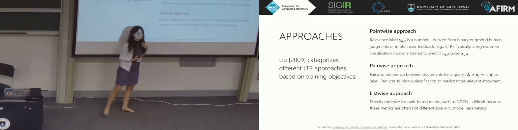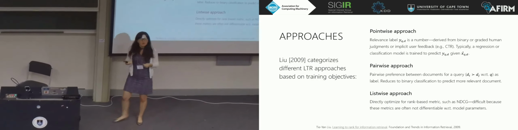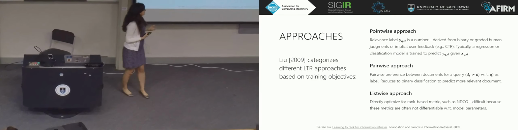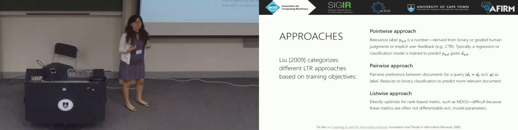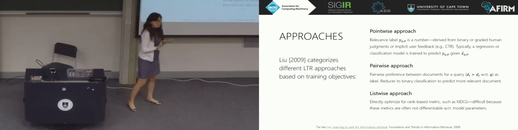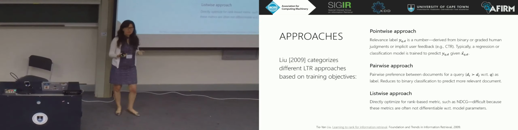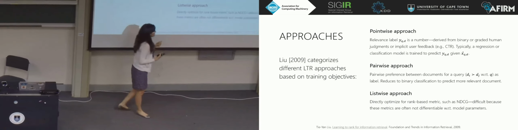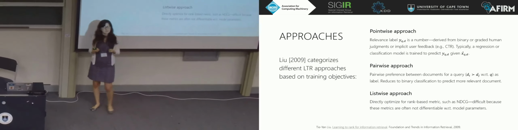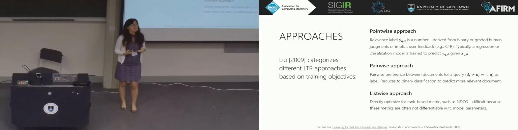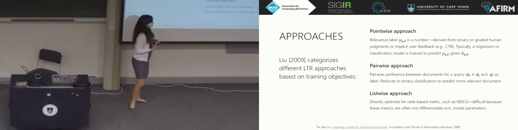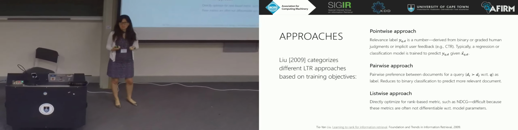Then we finally have list-wise approaches, where the goal is to directly optimize for a rank-based metric. Assuming that all these ranking-based metrics that you have learned in the evaluation lectures are direct estimates of ranking quality, the goal in these list-wise approaches is to directly optimize for these rank-based metrics.